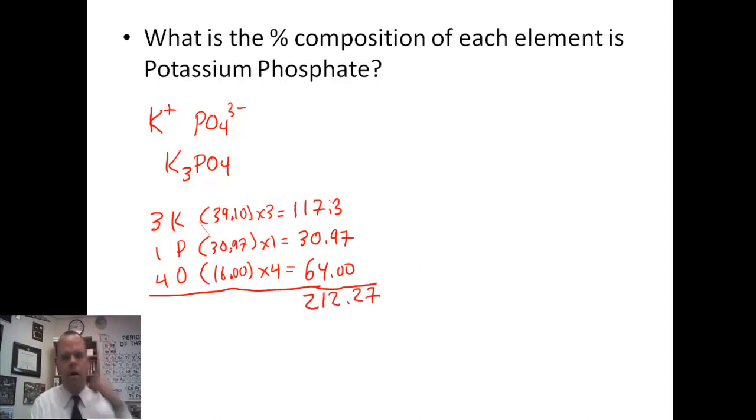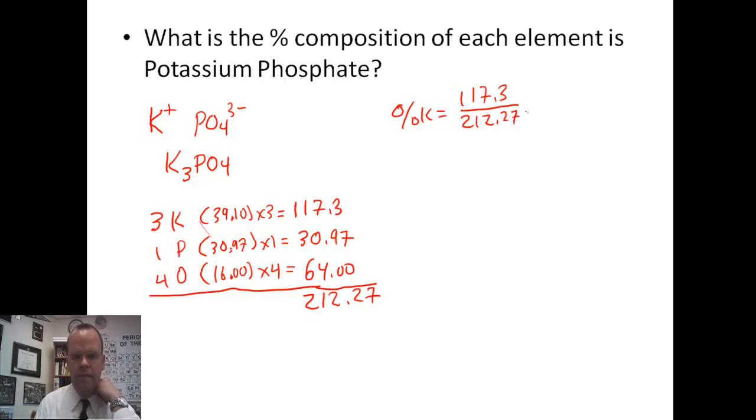Now, if you've written out all of these steps, it becomes pretty easy to solve the problem. The percent potassium will be the mass of potassium, 117.3, divided by the total mass, 212.27, times 100. Which will come out to 55.26%. 4 significant figures, because that's the least of our original numbers.